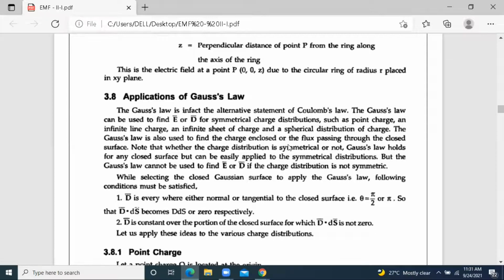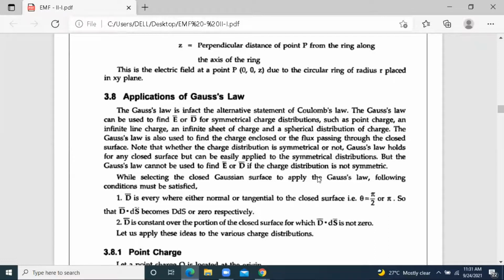Now, it cannot be used if the charge distribution is not symmetric. Goes back to what I was saying.